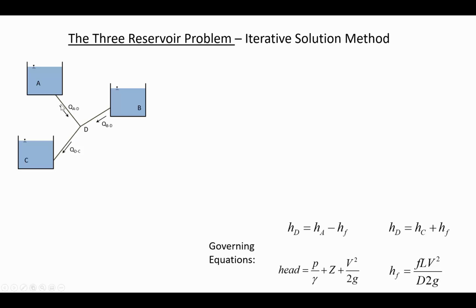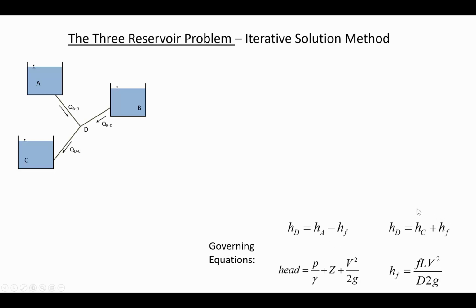Therefore, there must be less head at D than there is at A. Let me put it another way. The water wouldn't flow from A to D if D had more energy. So D has less energy than A does. And so the head at D is however much head there is at A minus the losses through pipe AD. I hope that makes sense.